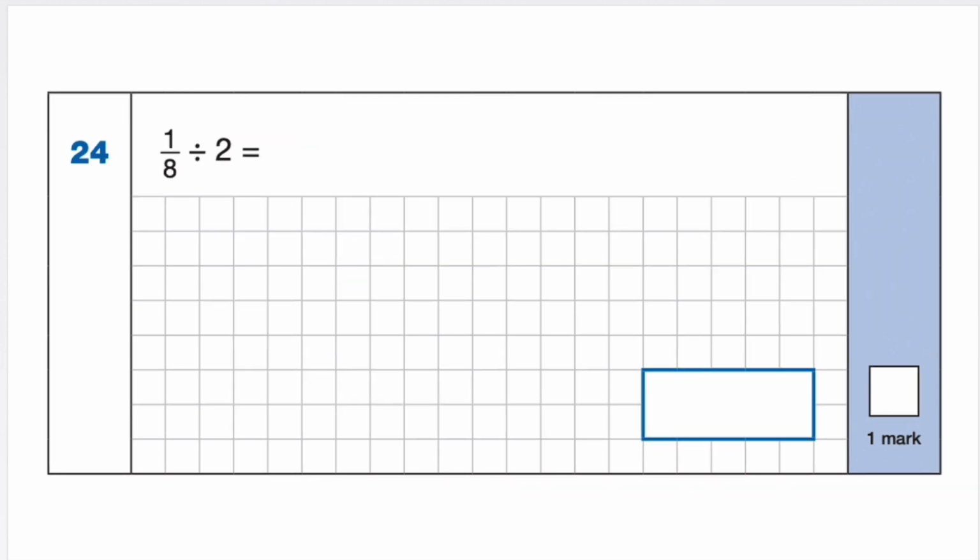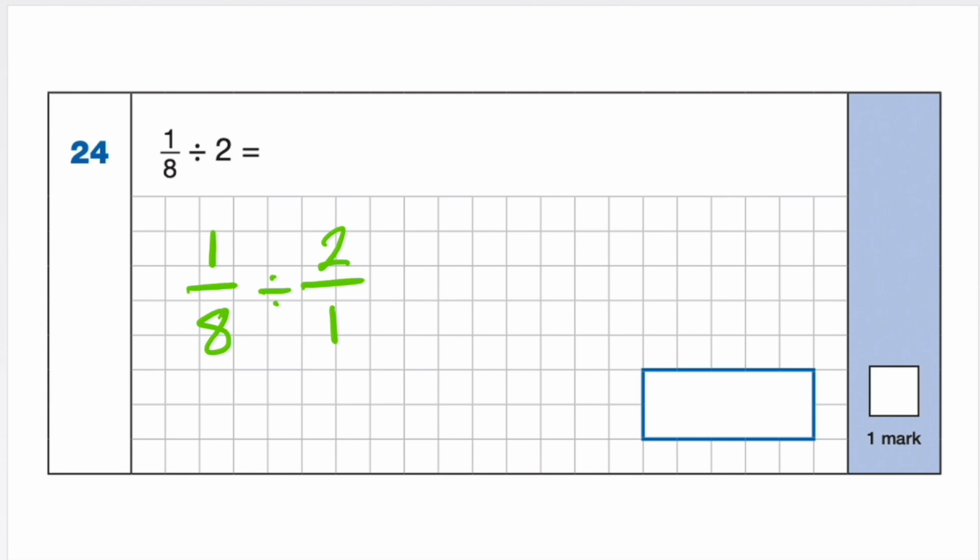Okay, question 24 is a fraction divided by a whole number, and there's actually a trick to this. So what we can do is put our fraction, 1/8, and then we're going to divide it by our whole number, which is 2, but we're going to turn 2 into a fraction by just putting it over 1. That maintains its value, still has the value of being 2, but it's now in fraction form.